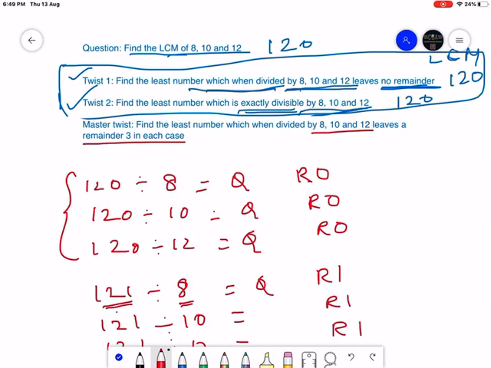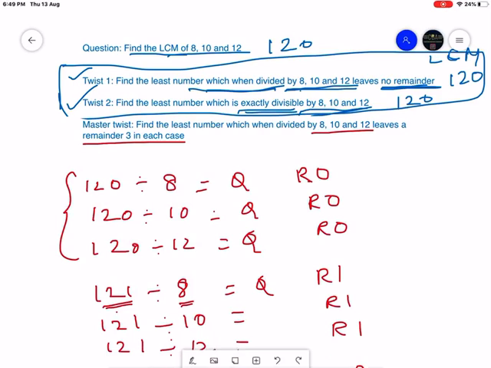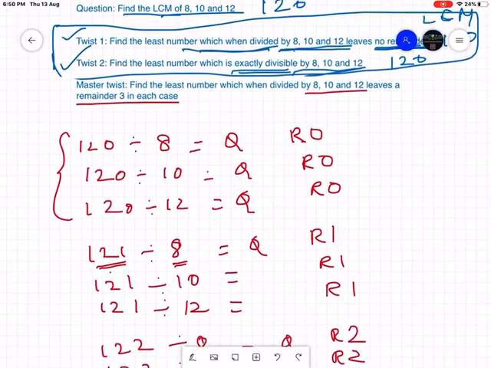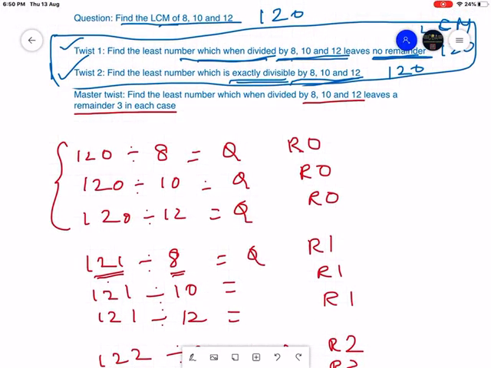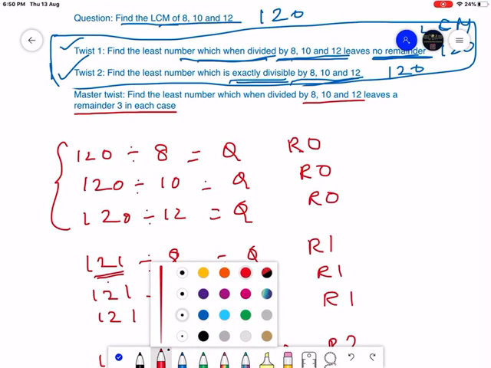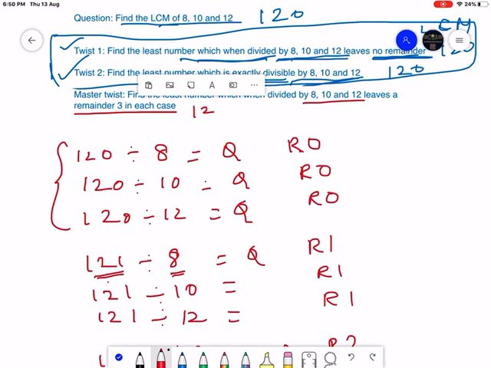So can you now guess what will be the number? We know that 122 leaves a remainder 2. So what will leave remainder 3? It is 123. Correct? Can you all guess it?